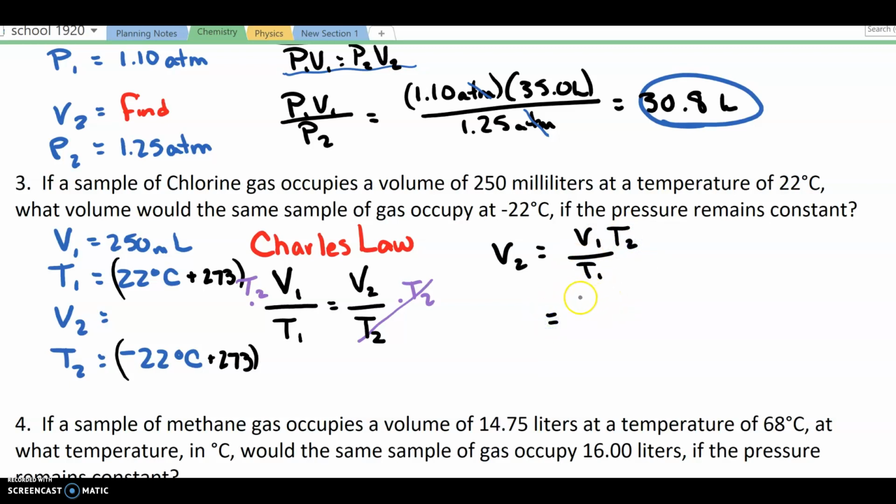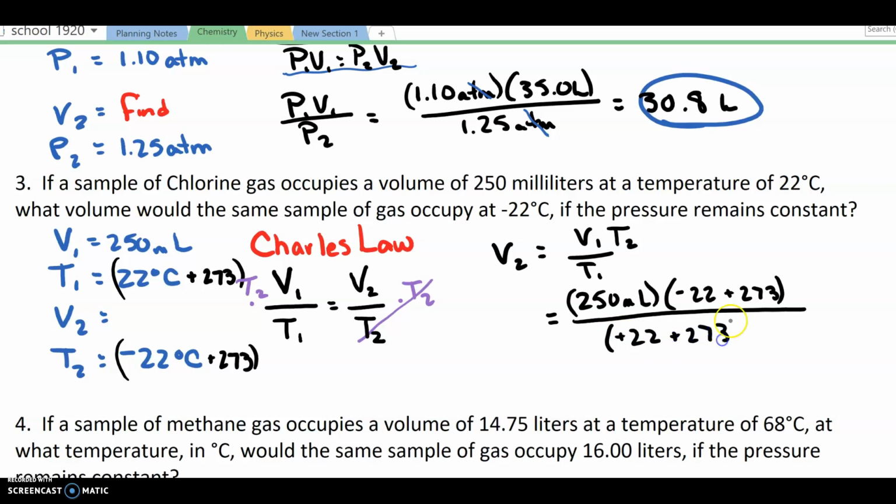And the first volume was 250 milliliters. The second temperature was negative 22 degrees Celsius plus 273. And the first temperature on the bottom was positive 22 degrees Celsius plus 273.